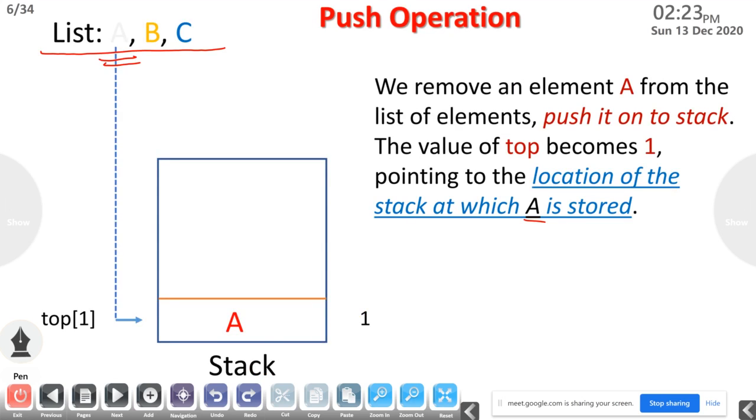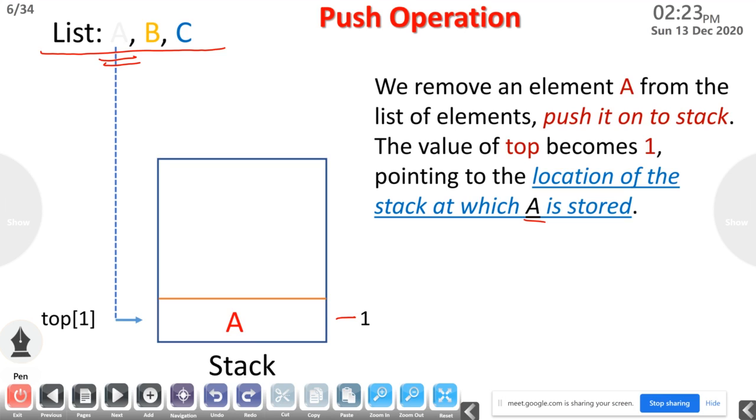We want to increase the value of top by 1. So initially the value of top is 0, and before pushing the first element we increase the value of top by 1. Now the value of top is 1.